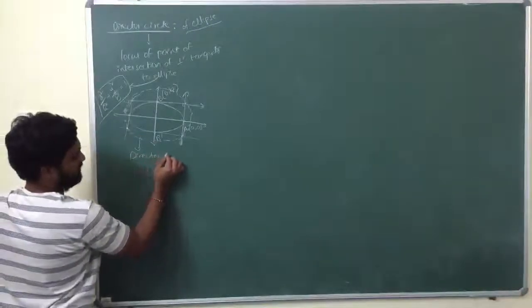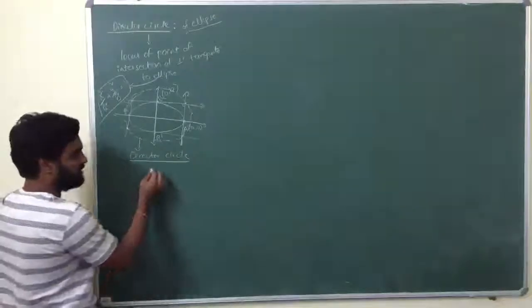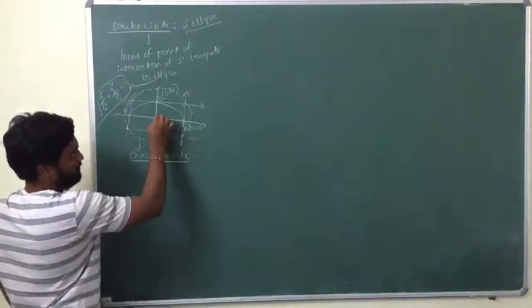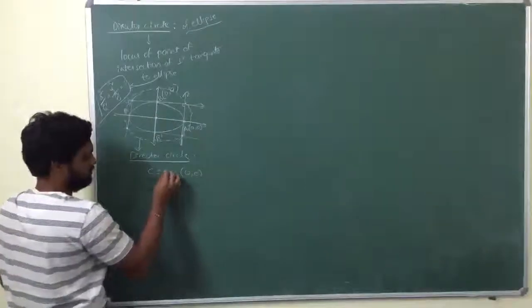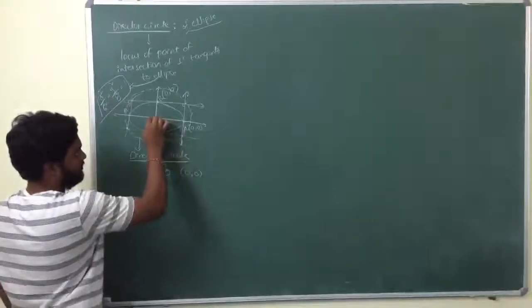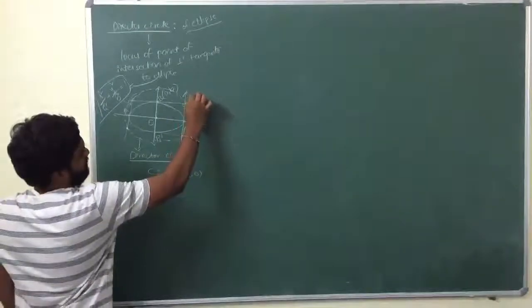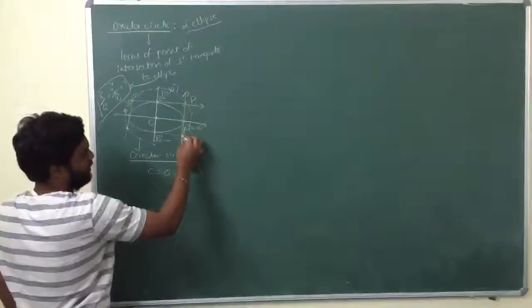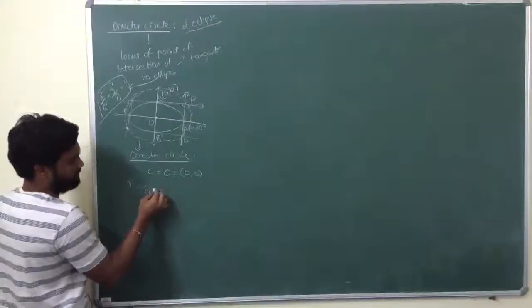So if you observe, what is the center? Center is the origin only, 0 comma 0. What is the radius? Suppose this is point P, this is point Q and so on. So the radius is OP.